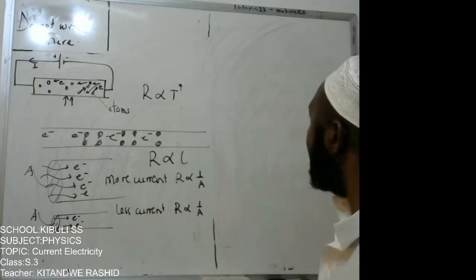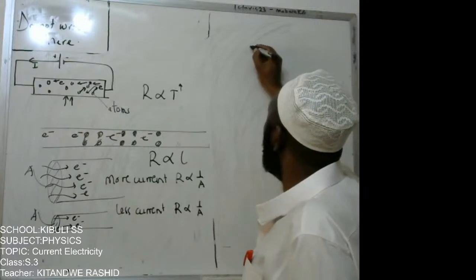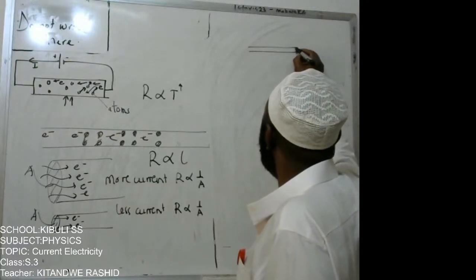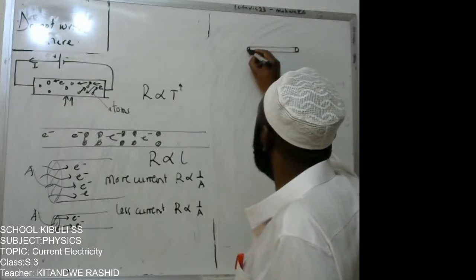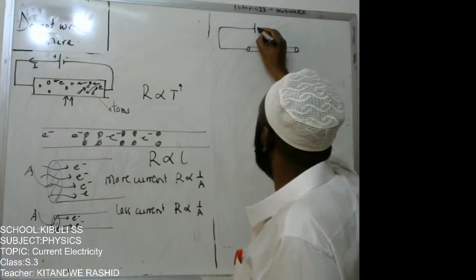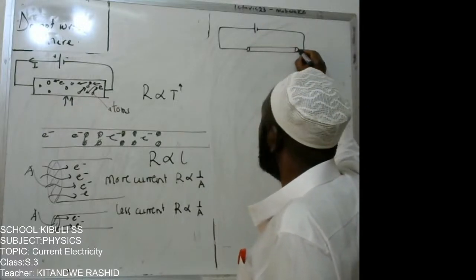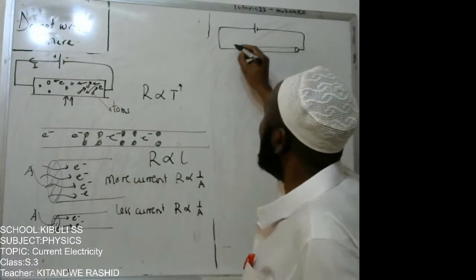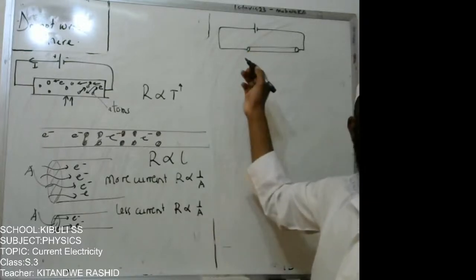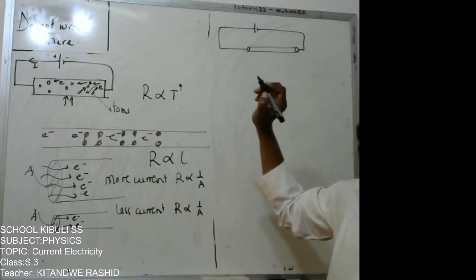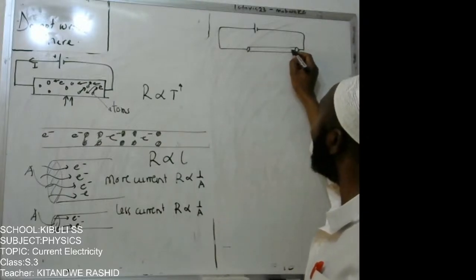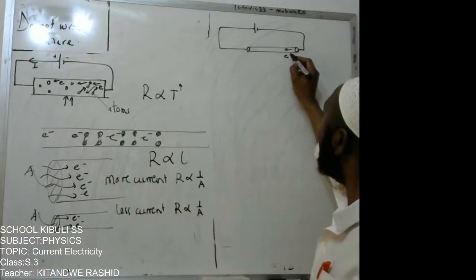What do I mean? When you get a wire, we are talking about a thin wire, we expect it to have greater resistance. So when you connect this wire to the battery, the electric field supplies the conduction electrons with high kinetic energy.